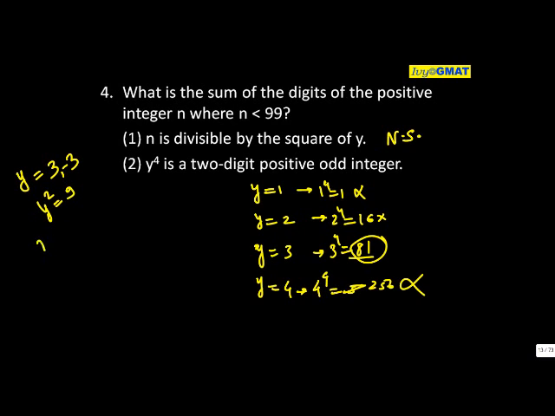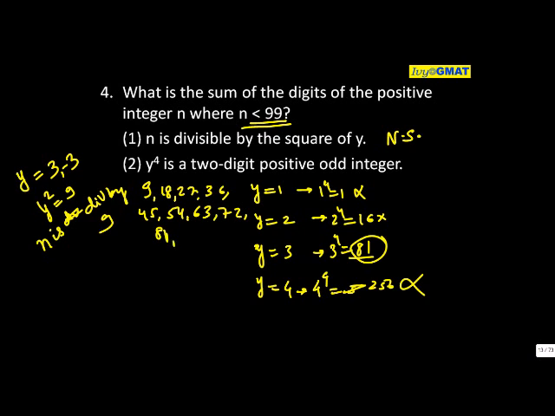So you are given n is divisible by 9. Now how many numbers less than 99 are actually divisible by 9? Please tell me. 9, 18, 27, 36, 45, 54, 63, 72, 81 and 90. What is the sum of digits in all the cases?